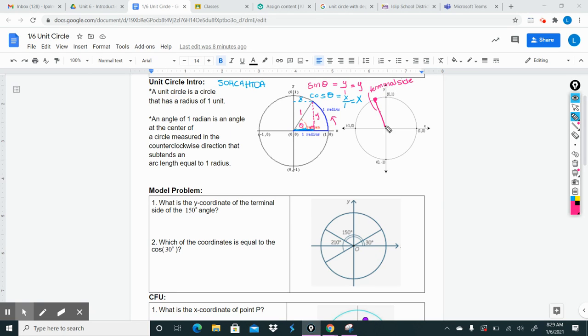It starts here, we go around, and we're going straight up, and we want to know how many degrees we have at this point, starting from our 1, 0. If we were to open up the circle and start all the way around, we know that this is 0 degrees, and going up to 0, 1, this is 90 degrees.